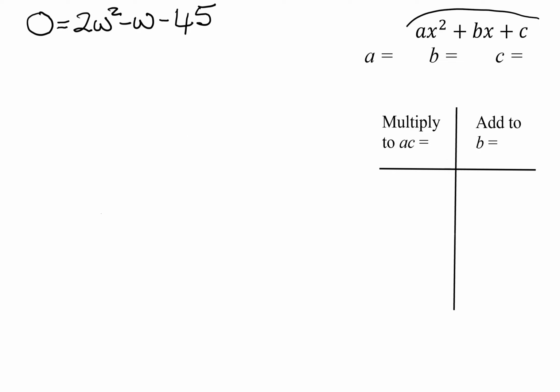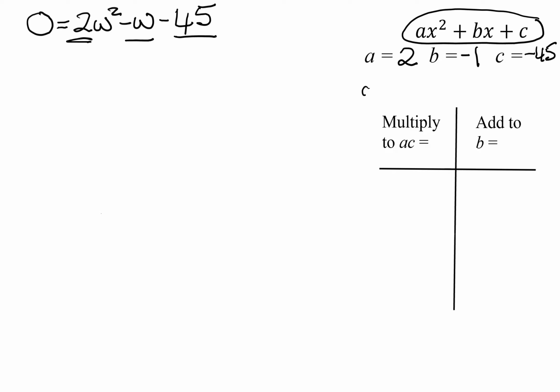Let's look to see if we can factor it. So let's compare it to this equation here. A is the coefficient of the W squared, so it's 2. B is the coefficient of the W term, -1, and C is the constant term of -45.